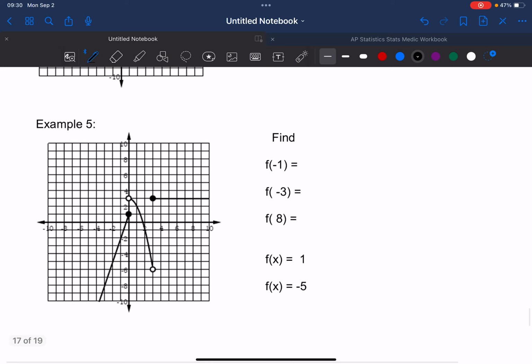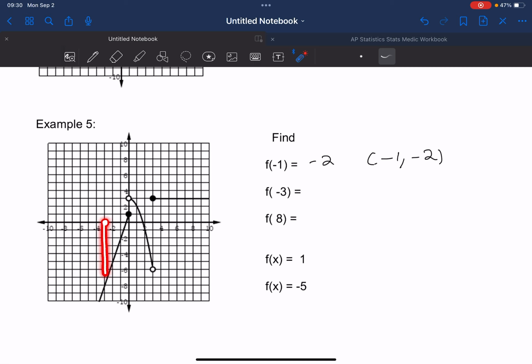Last example here, we have f of -1. So I'm going to find -1 on the x's right here. Notice I can only go down and I meet it at a solid line at y equals -2. So -2, or the point -1, -2. Now looking at -3. -3 is right here on the x's.